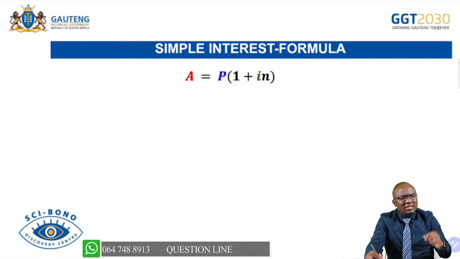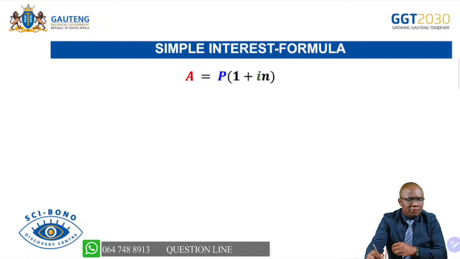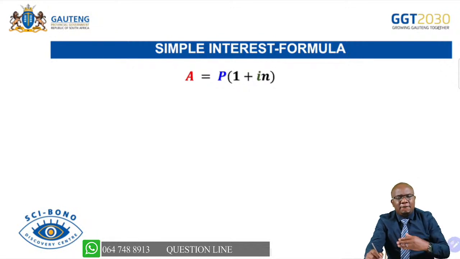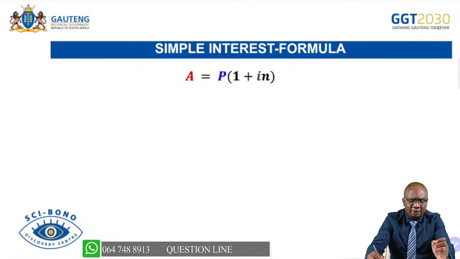Pick the correct one, substitute correctly and get your marks. This topic contributes around 15% in your examinations. Get all the 15% from financial maths. It's a very easy topic. You can get all the marks here.